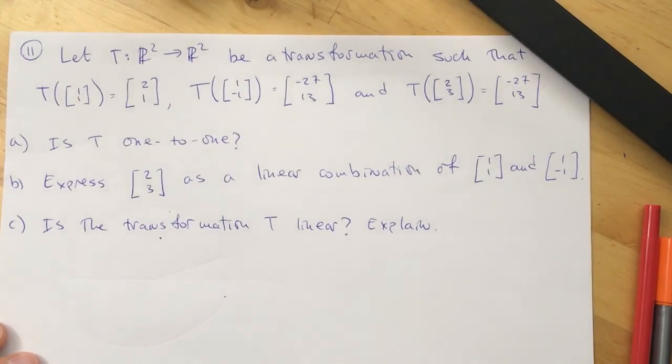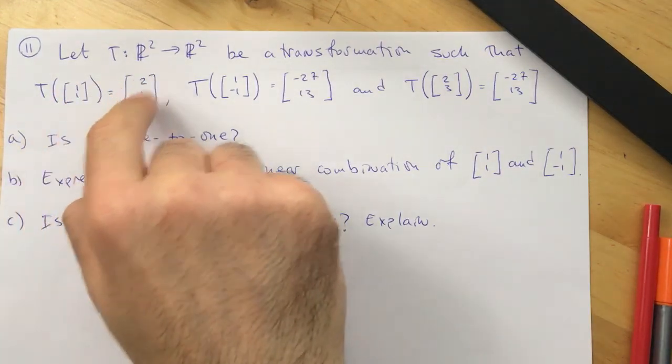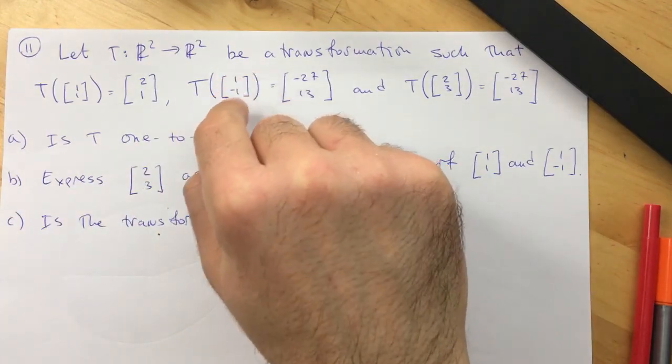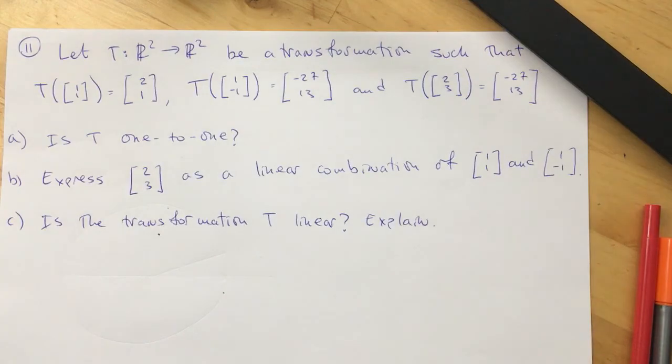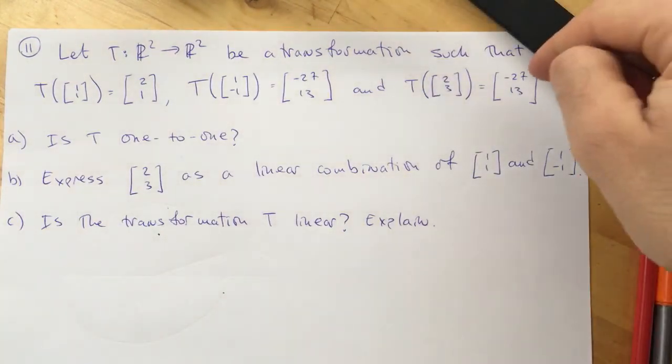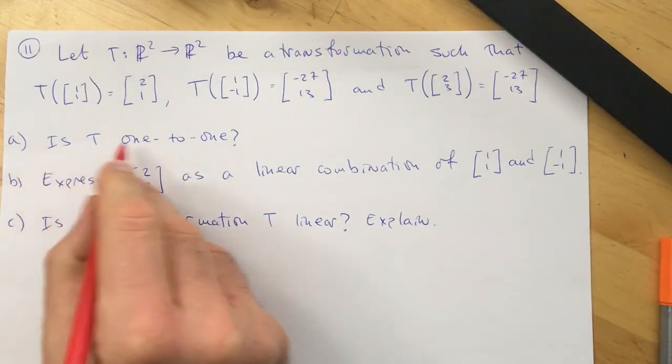Right, question 11. Let T: R2 to R2 be a transformation that brings 1, 1 to 2, 1, brings 1, -1 to -27, 13, and brings 2, 3 to -27, 13. The first question is: is T 1-to-1?